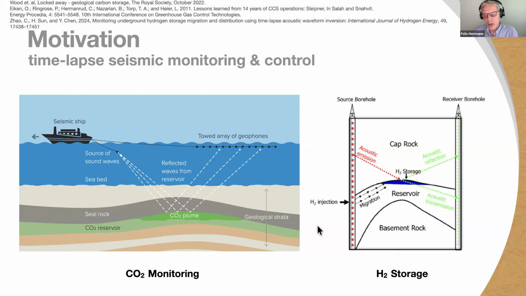And then, of course, there are other things. You can do hydrogen storage, which is basically a similar problem. And so what I'm talking about is quite generic. It could also apply to the good old dirty oil and gas production.